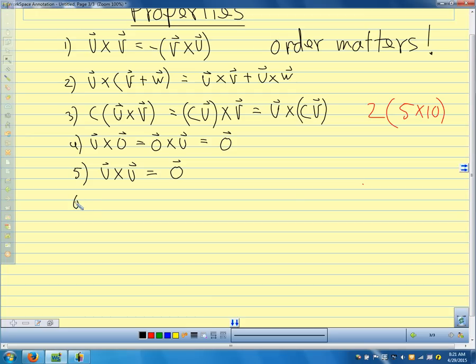And then we have this interesting product that comes up sometimes. U dot V cross W equals U cross V dot W. And we call this the scalar triple product.